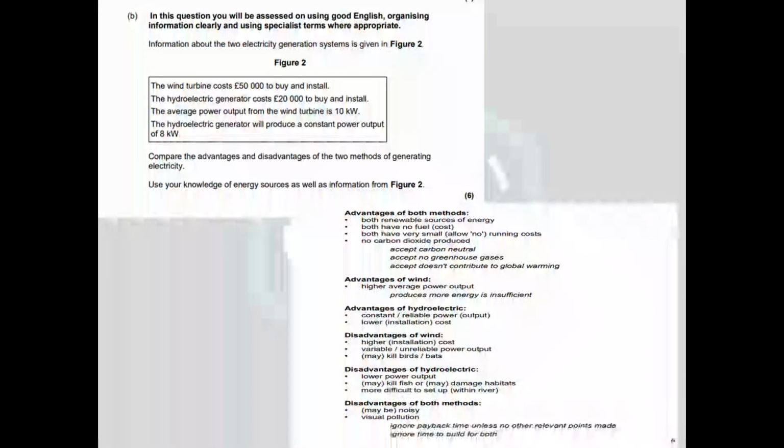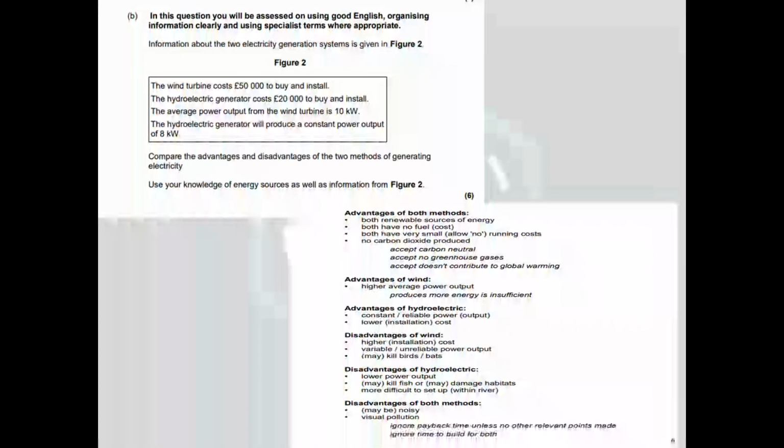They both have no fuel cost and both have very small running costs and no carbon dioxide is produced. And then you want to split off onto advantages of wind separately, advantages of hydroelectric separately, and then the disadvantages of wind separately, disadvantages of hydroelectric separately, and then finish it off with disadvantages of both.